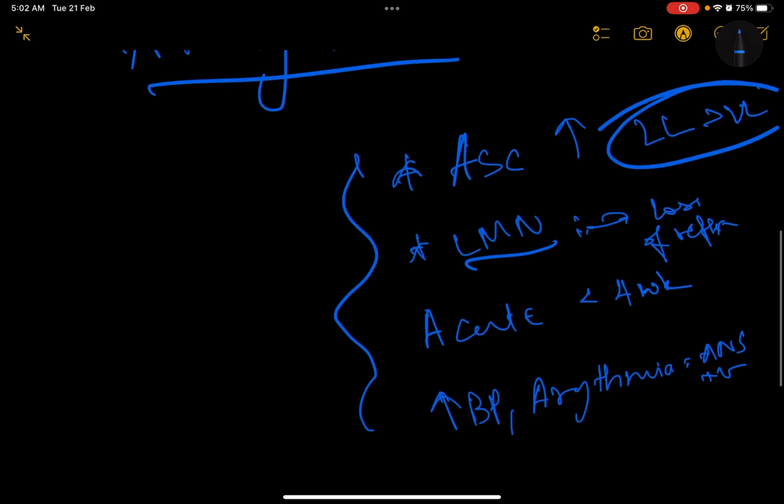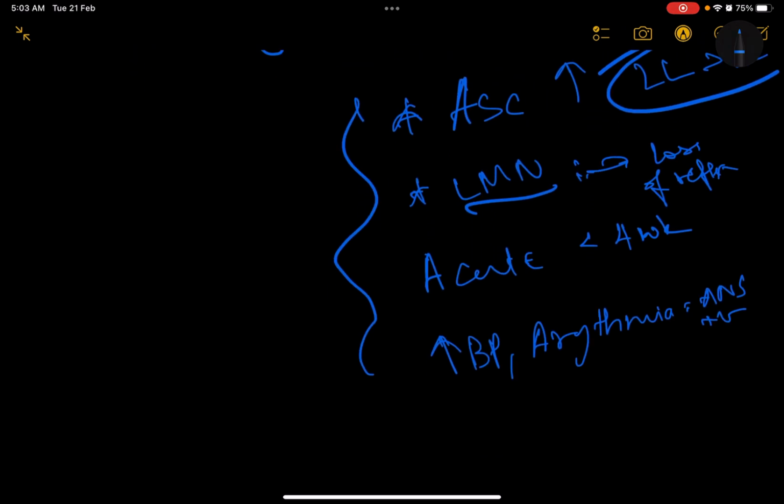Now, when you think of all of these, loss of muscle tone and bilateral involvement, you definitely think of a very important disease called Guillain-Barre syndrome. You can keep CIDP also in your mind, that's chronic inflammatory demyelinating polyneuropathy.